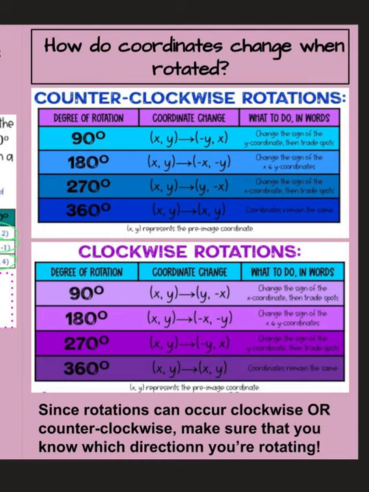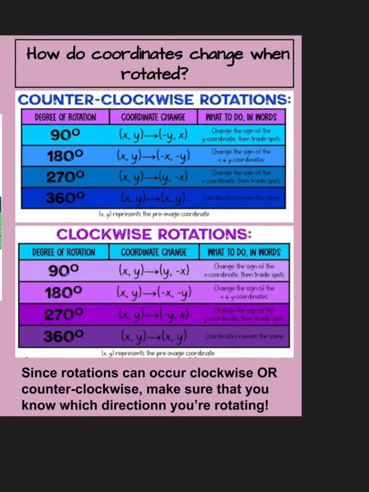So if I look at the first example, I have the counterclockwise 90 degrees. So here's my rule. It started at xy, the original, and notice they switched positions and the y coordinate became the opposite. You can see right here it's written in words also. Change the sign of the y coordinate, then trade spots.